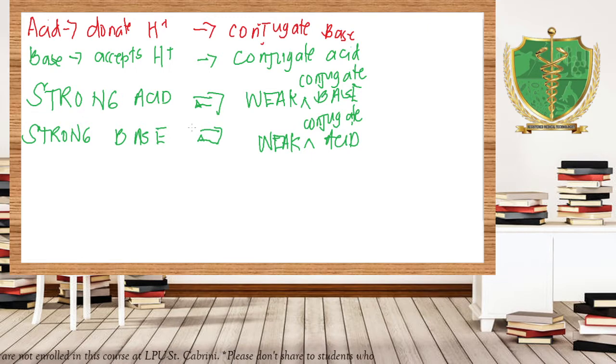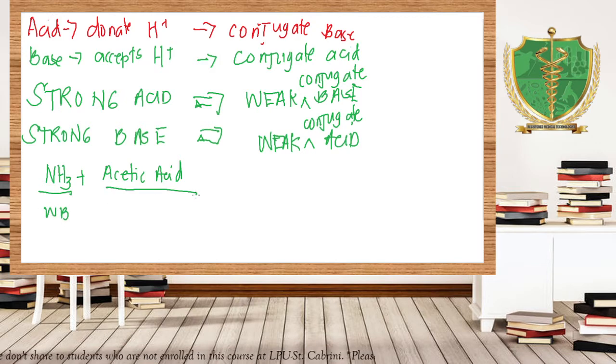Like our example a while ago, we have our ammonia plus acetic acid. Si ammonia, weak base. Si acetic acid, weak acid. It will produce what? It will produce acetate. No?